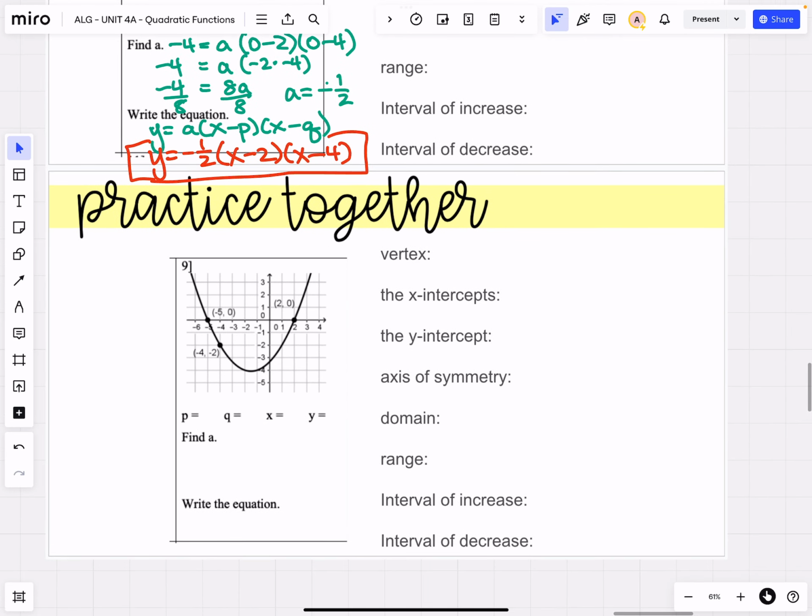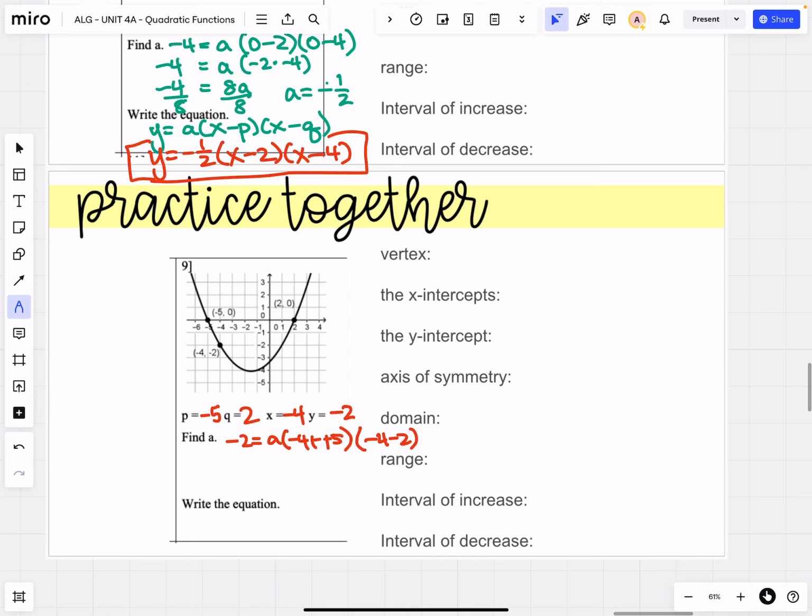Here we go. P is negative 5. Q is positive 2. X is negative 4. Y is negative 2. So that means negative 2 is equal to a times negative 4 minus negative 5 times negative 4 minus 2.